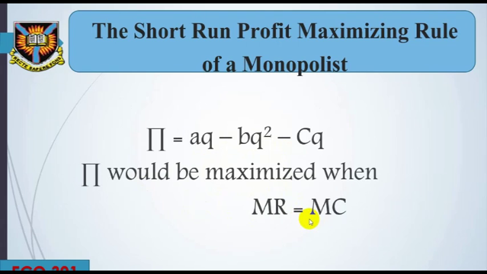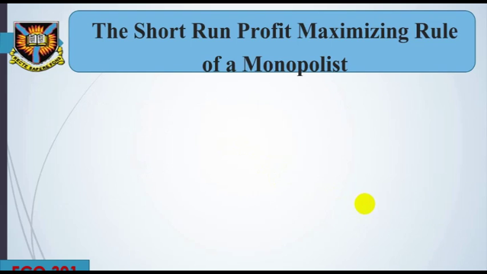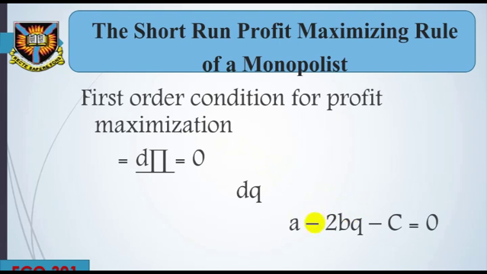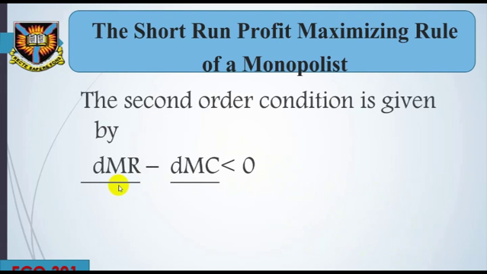The first order condition for profit maximization is that the derivative of profit with respect to Q is equal to 0: A minus 2BQ minus C is equal to 0. The second order condition is given by the derivative of MR with respect to Q minus the derivative of MC with respect to Q being less than 0.